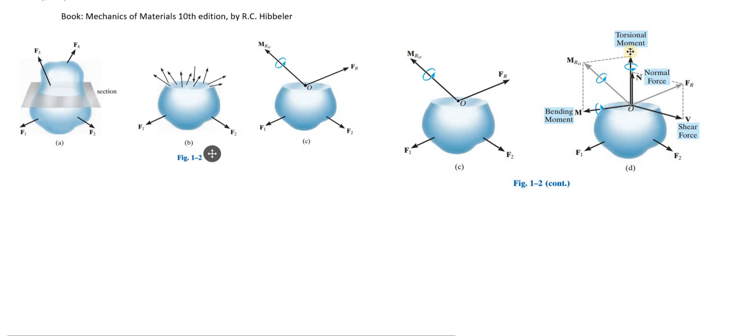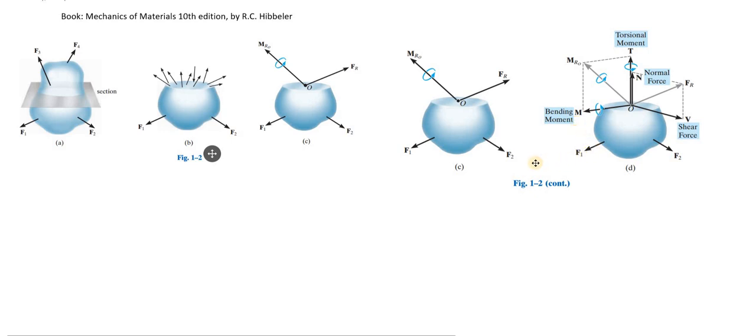All right, it tends to twist one segment with respect to the other. And this bending moment vector is the component of Mr which is tangential or parallel to the cross section. It is contained within the cross section, and it tends to bend one segment with respect to the other. So we have force with two components, normal force and shear force, and moment with two components, torsional moment or torque, and bending moment, or simply sometimes we refer to this as moment.